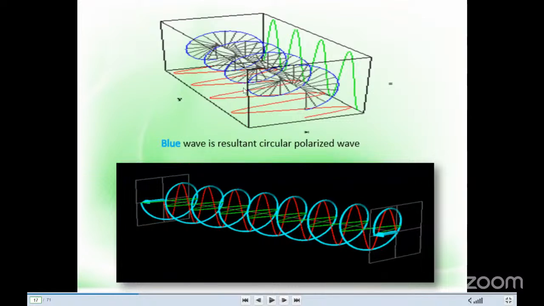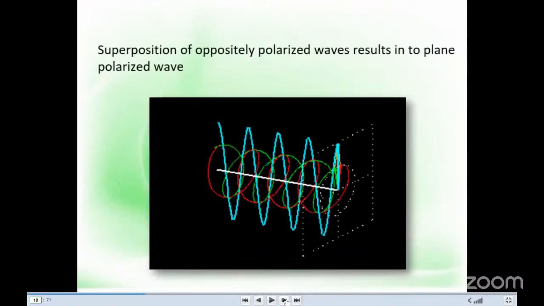This is the blue color, which is circularly polarized. Superposition may give the resultant as plane polarization.